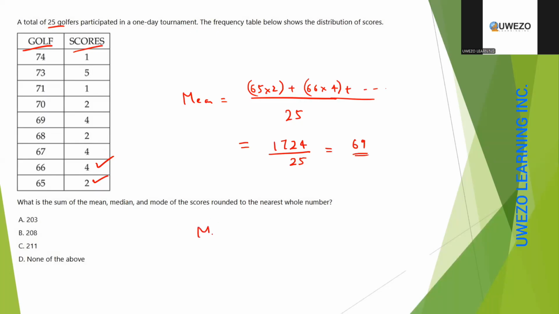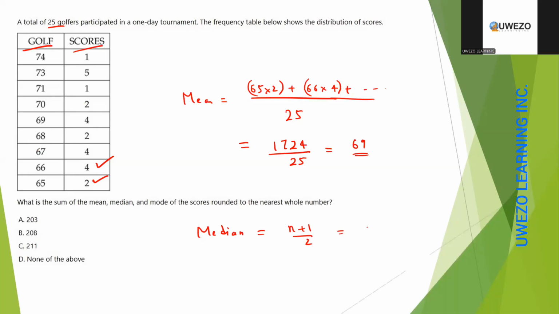Next, to calculate the median, we have to first arrange all the values in order. Here, the values in the table are already in proper order, so we don't have to rearrange anything. And now the median formula is the (n plus 1) over 2 term, because here the number of values, 25, is odd.